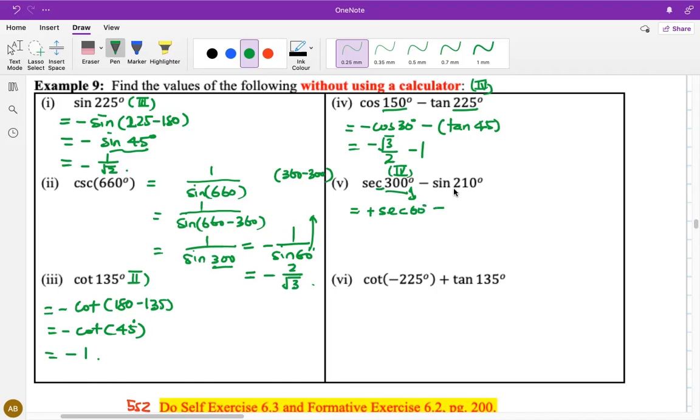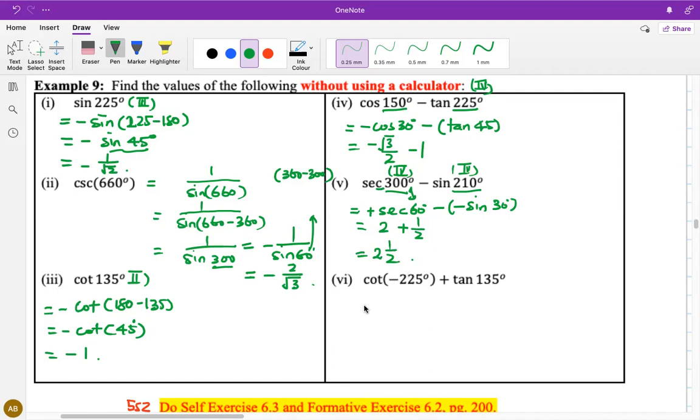Then minus sine 210, which is in quadrant number 3, where sine is negative, so you put negative sine, the reference angle is 30 degrees. So secant 60 is 1 over cos 60, and 1 over cos 60 is 2. Then you plus sine 30, which is 1 over 2. So you get the answer 2.5. Okay, later on we can check.